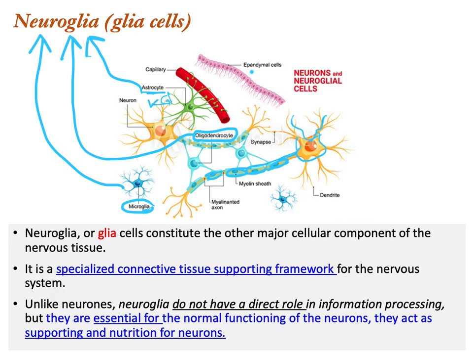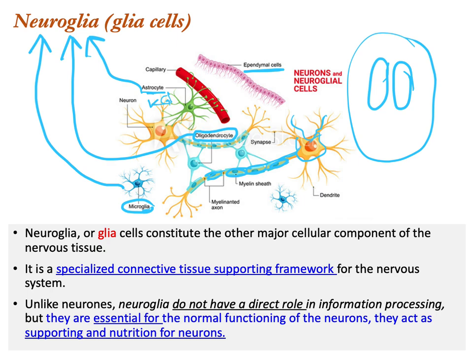Again, microglia, another type of neuroglia. Then ependymal cells: these cells adhere to each other in tight junctions. They line the ventricles. In your brain you have cavities, right? So ependymal cells line these cavities.